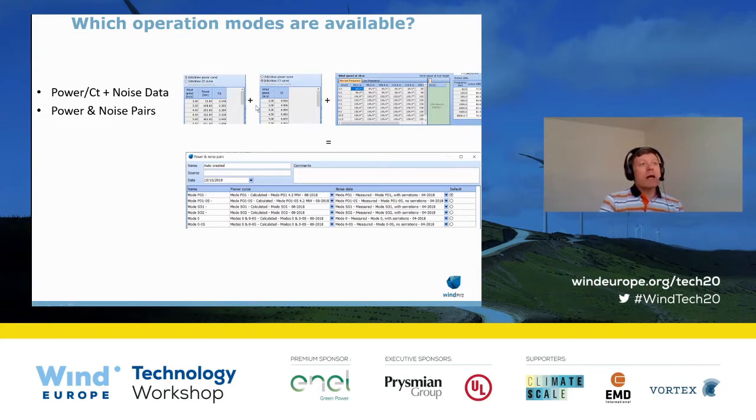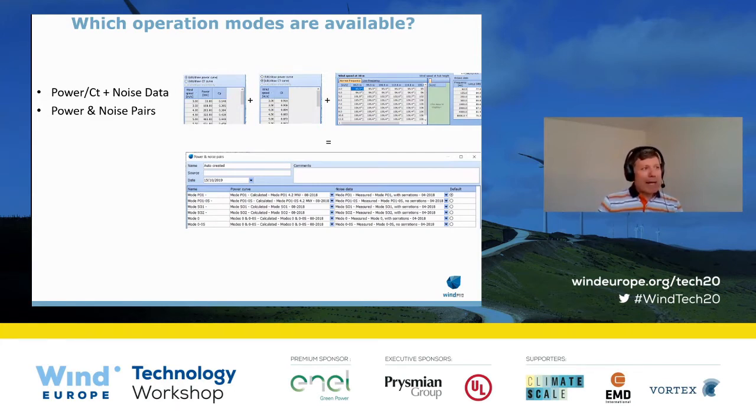In the first scenario, you basically have to manually select a certain power curve for running energy calculations, and you have to manually select the corresponding level mode in terms of noise in order to run a noise calculation. And this is, of course, prone to mistakes.